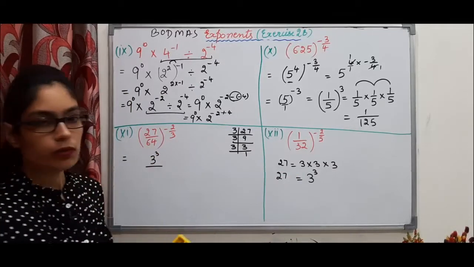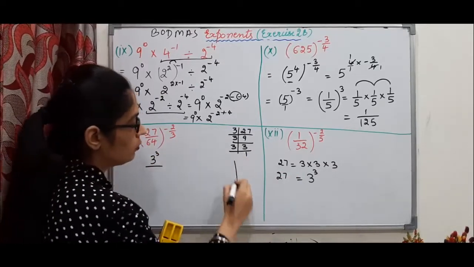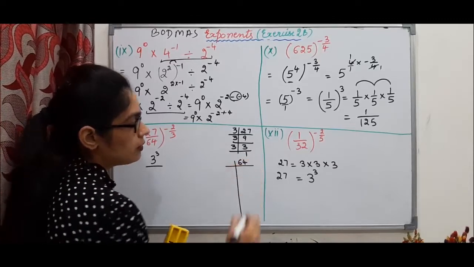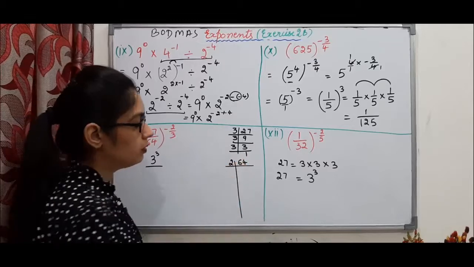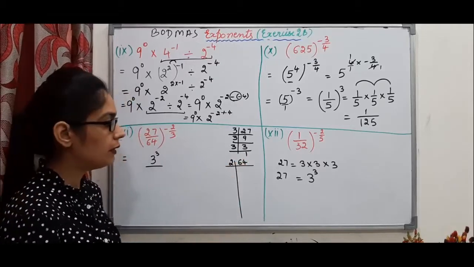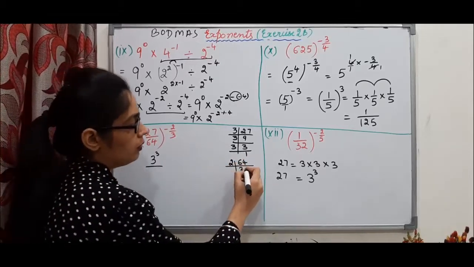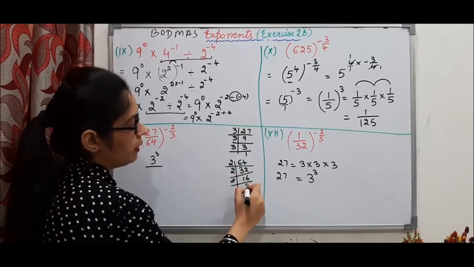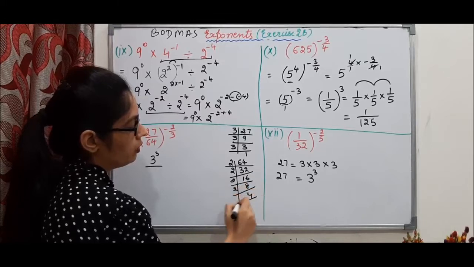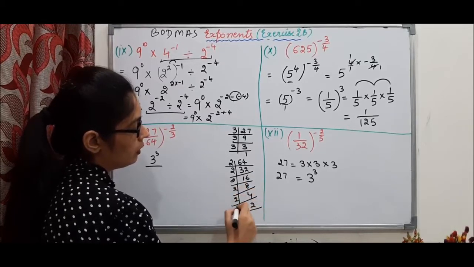64. 64 also we will convert to its exponential form. 64 is an even number, so we can try checking from 2 itself. Try to do from a smaller number itself. 2 into 32 is 64, 2 into 16, 2 into 8, 2 into 4, 2 into 2 and 2 into 1.